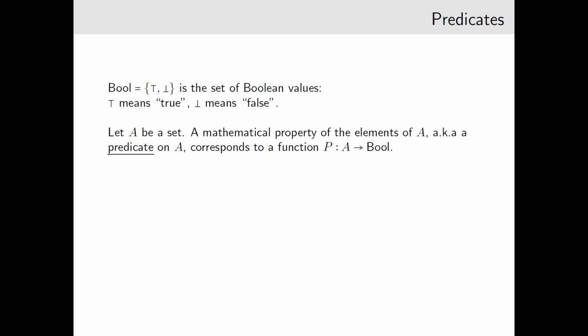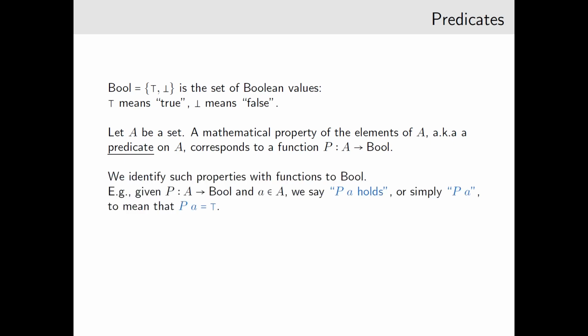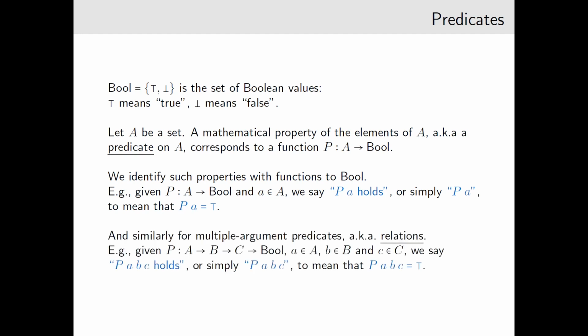For a predicate, we sometimes regard it as a function, but sometimes just say that it holds, right? By holding, we mean that the predicate value is true. There's this implicit identification, and we just move back and forth between these. In our examples we're going to work mostly with unary and binary predicates, but this applies to n-ary predicates as well.